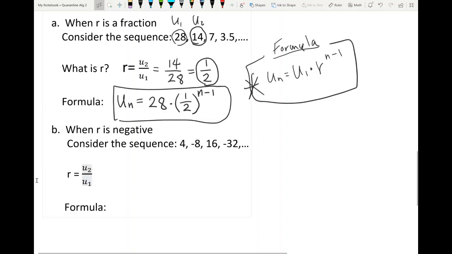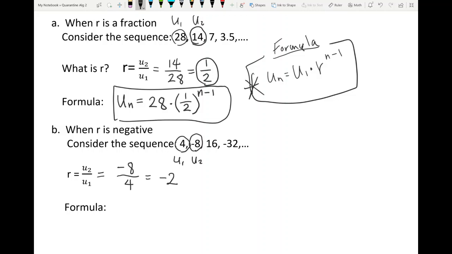So R equals, the multiplier is going to be U2, which is -8, divided by U1, which is 4. Now what's -8 divided by 4? It's -2. So in this case, the common ratio R is -2.